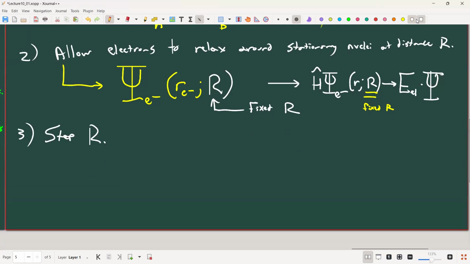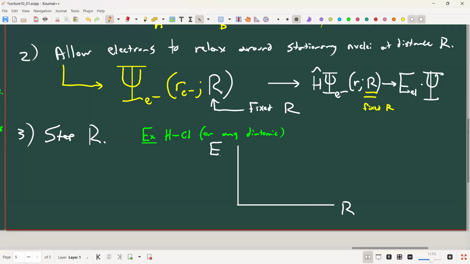If we look at HCl, for instance, or any diatomic, there's only one bond length, only one R that we vary. So we can make a little plot of R versus the electronic energy, the energy of the electrons in their ground state at that position R.